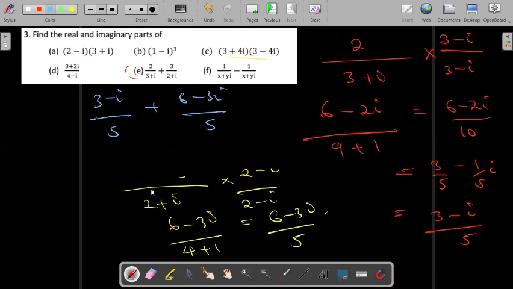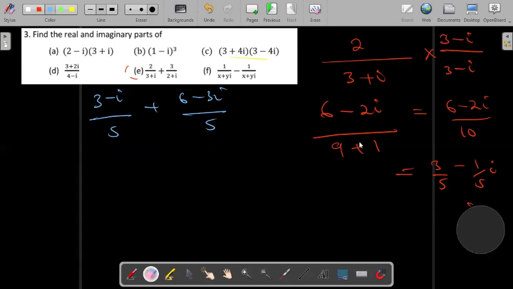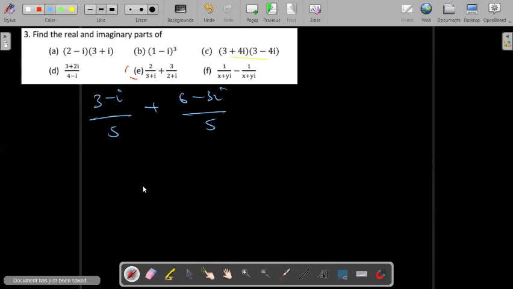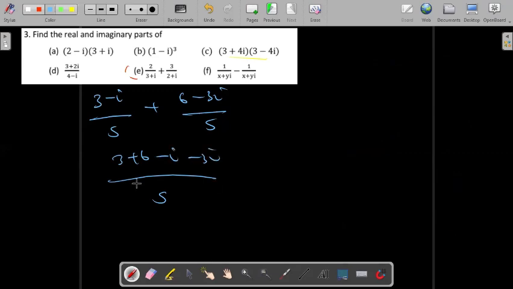Then I'm going to have 5 there, and just add the numerators: negative i plus 3i, and 3 plus 6 gives you 9. Then you have 9 minus 4i, divided by 5. And of course, this is just 9 over 5 minus 4 over 5i, like this.